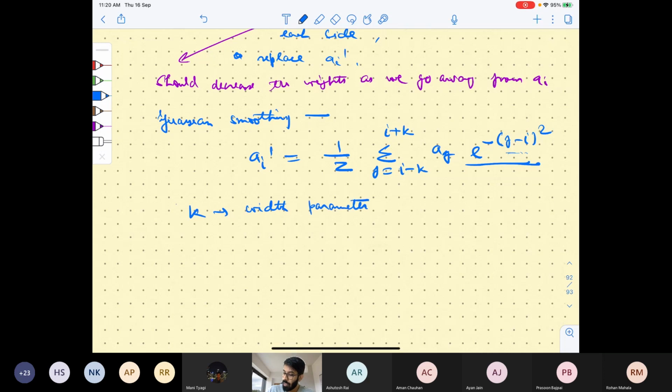And z is just to normalize so that the weights sum to 1. Okay, good.